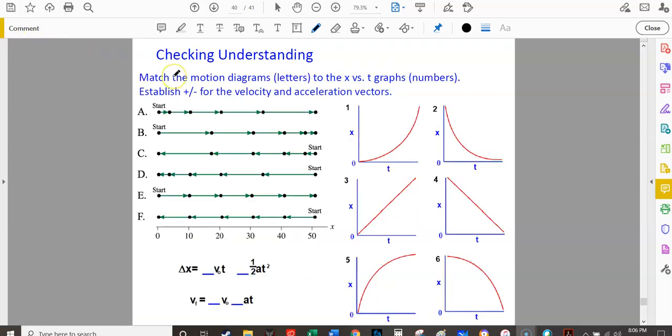Well, now I want you to apply what you've learned. So I want you to merge everything that you've done together. Here are your motion diagrams. I want you to match up these letters to these position versus time graphs, and then use that to create curve fits for your position versus time graphs and also velocity versus time graphs.